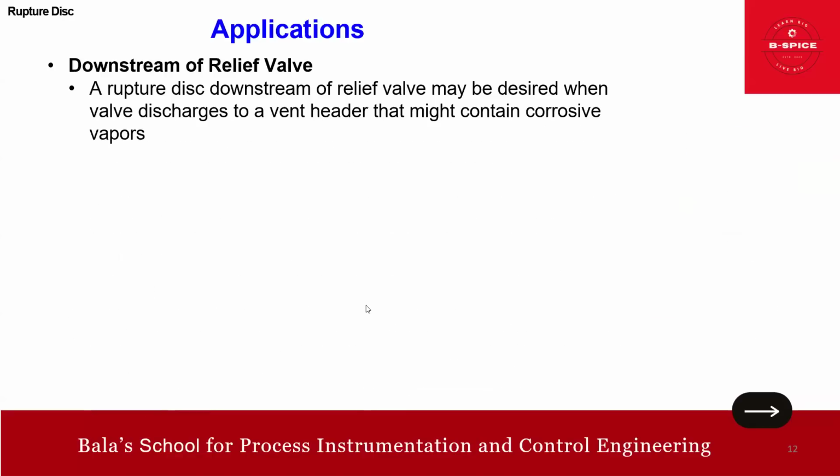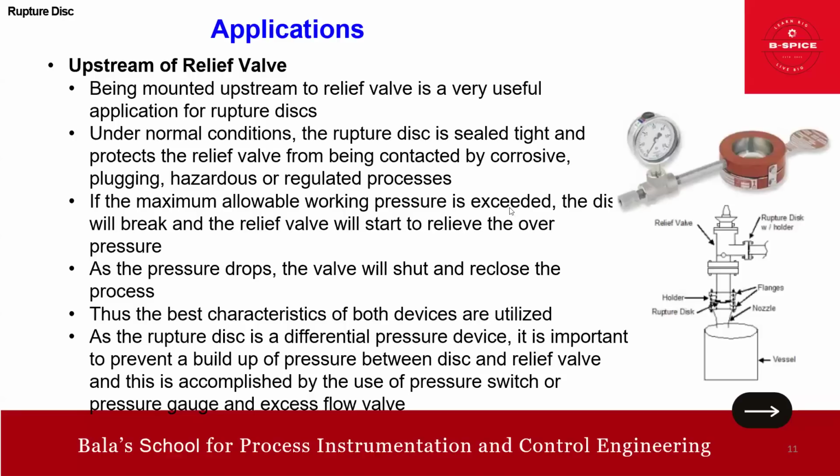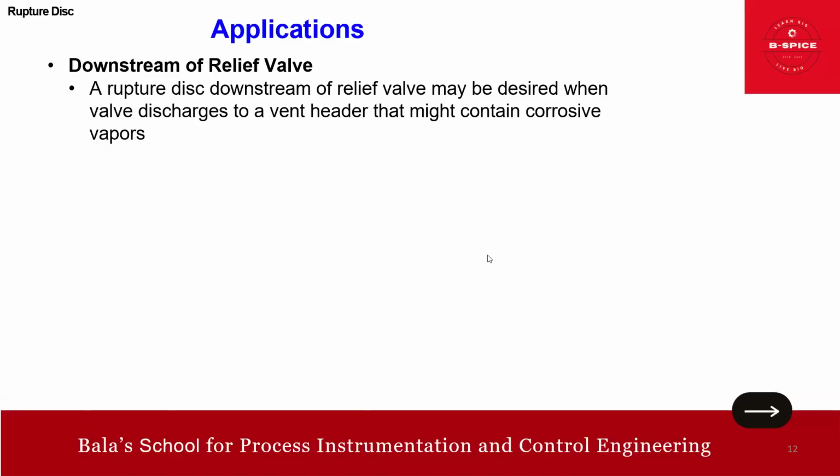Now, downstream of the relief valve. A rupture disc downstream of a relief valve may be desired when the valve discharges to a vent header that might contain corrosive vapors.